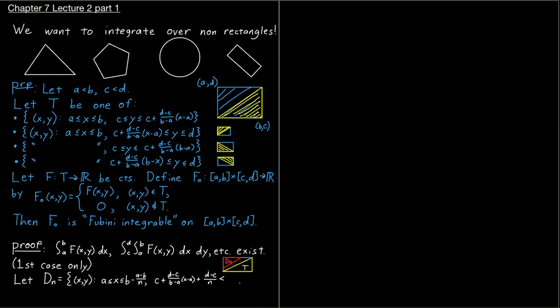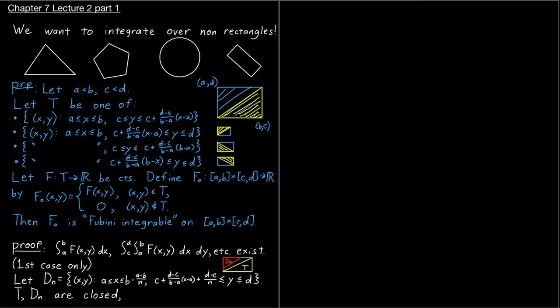And y is expected to be between that and the top edge of D. And then T and Dn are clearly closed. You all ought to be able to prove this by now.